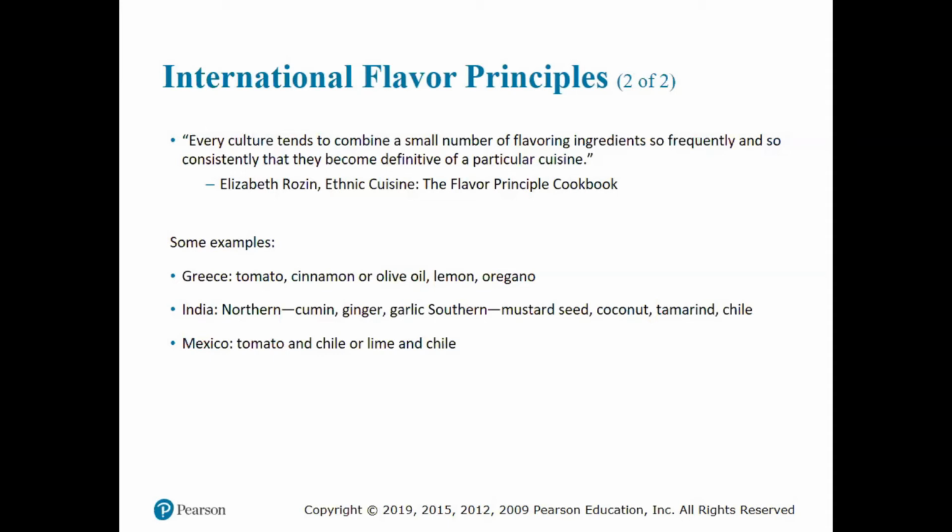Northern Indian uses cumin, ginger, garlic. In the southern part of India, mustard seed, coconut, tamarind, and chili. Of course, Mexico: tomatoes, chilies, lime, and chili. You hear those and you go, oh, Mexican cuisine, oh, Indian cuisine. They use it so much that it just becomes ingrained as part of that type of cuisine.